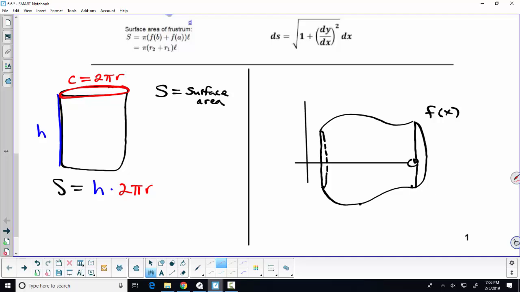Yeah, that thing. So we're thinking surface area again. It's just a length times a length. When I slice into this, all of the cross sections generated are circles.